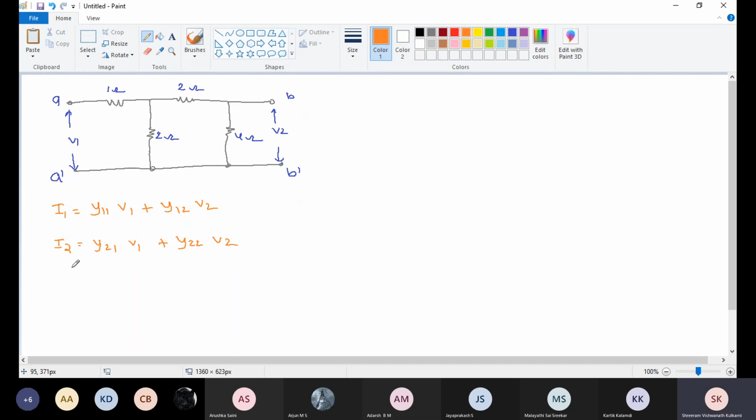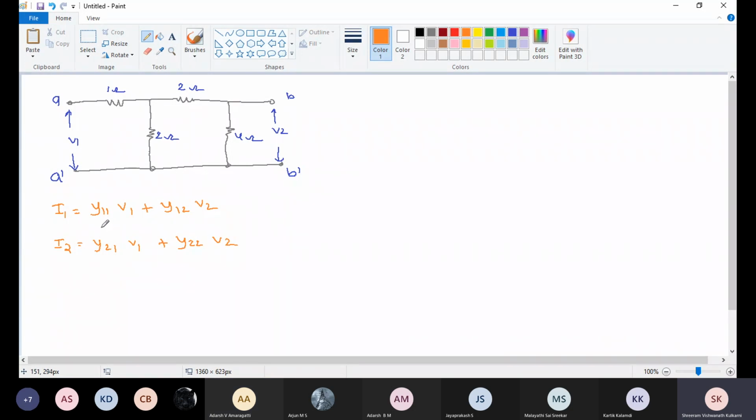First, what are the independent variables and what are the dependent variables in this equation? V1 and V2 are independent. I1 and I2 are dependent.